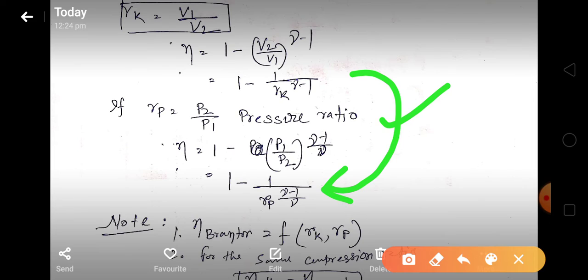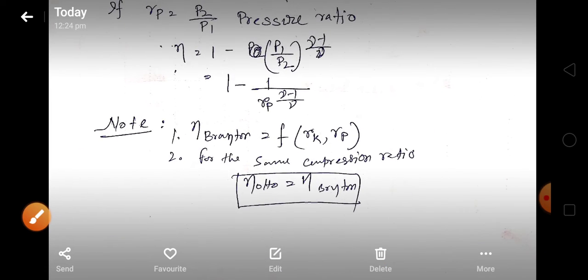So this is one form of the efficiency equation of the Brayton cycle, the efficiency in terms of pressure ratio.